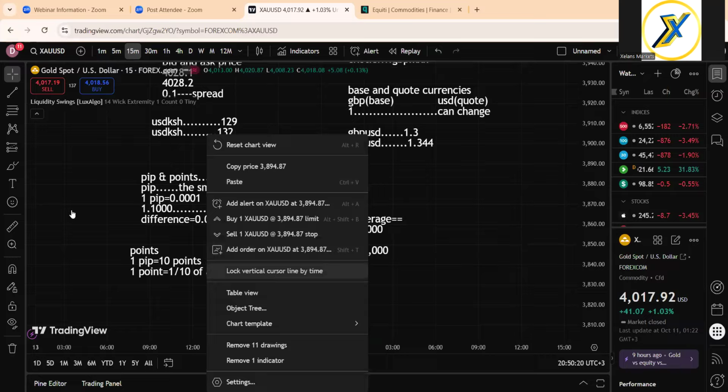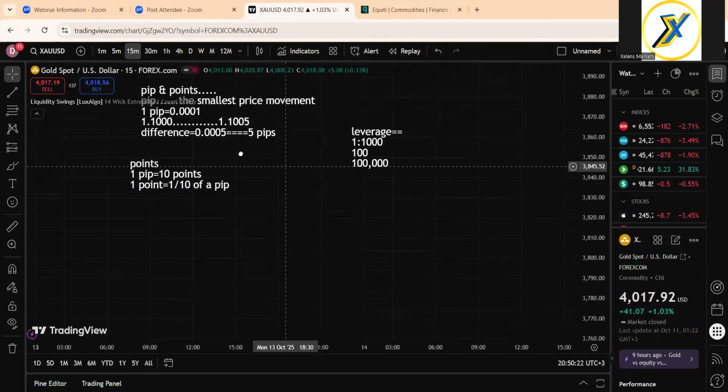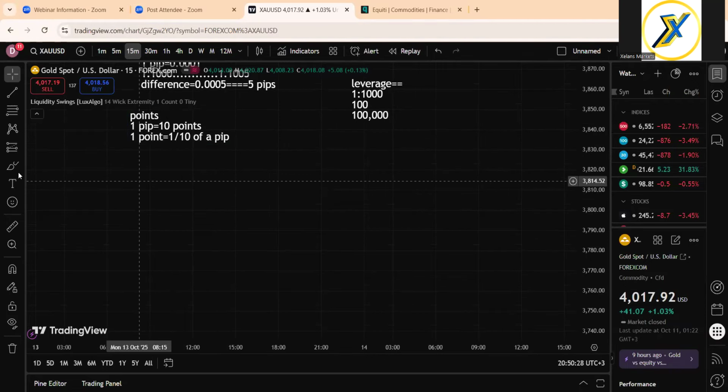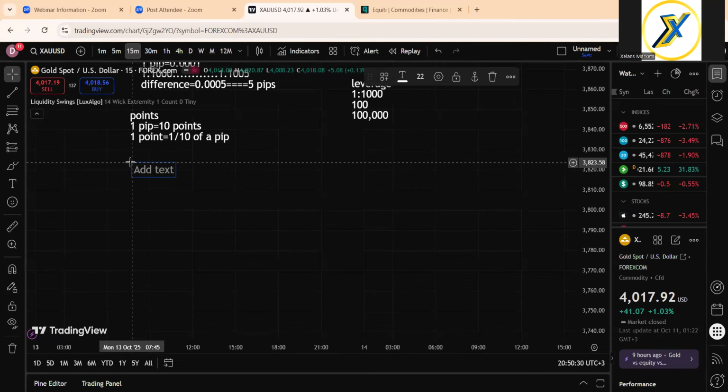Another important thing that you're supposed to know when it comes to Forex is what we call the margin. So the margin is basically the amount of money that your broker will lock when you open a trade.